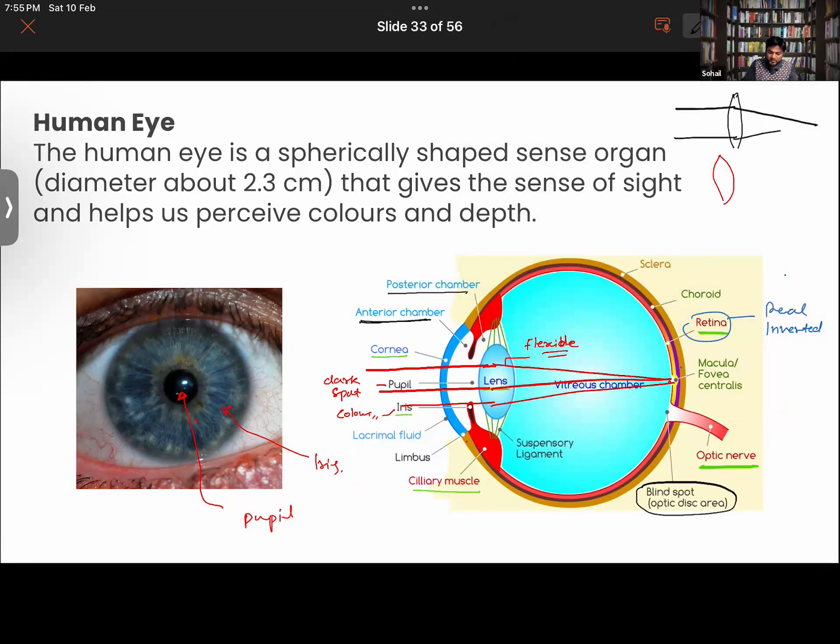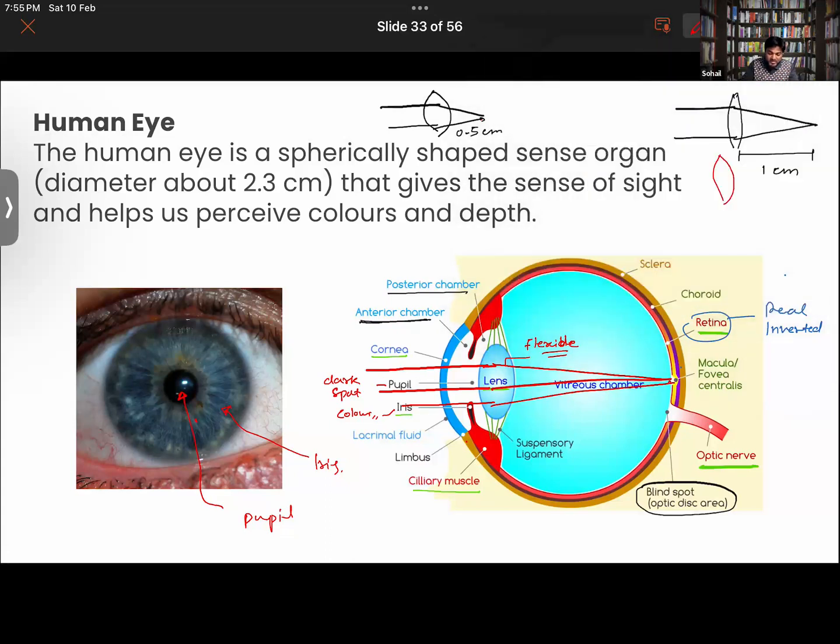Let's say it is meeting here, and let's take it to be 1 centimeter, for example. Now, if the eye lens is made thicker by the action of ciliary muscles, its converging power will increase, and it will, let's say, converge at only 0.5 centimeter.